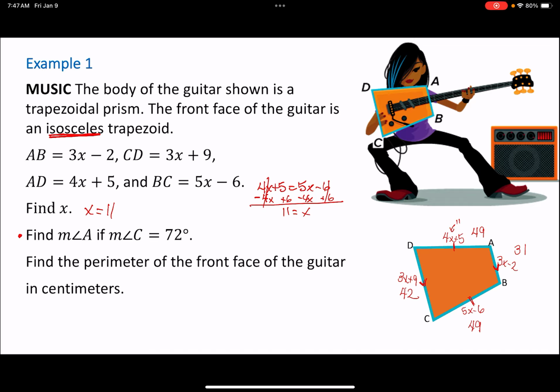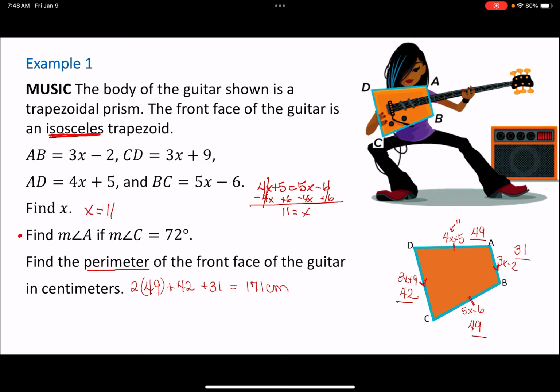So if we add 49 to 49, we'll get 98. If we add 42 to that, we'll get 140. And if we add the 31, we'll get 171. The perimeter is the distance around the face of the guitar, so we added 49, 31, 49, and 42 to get the distance around.